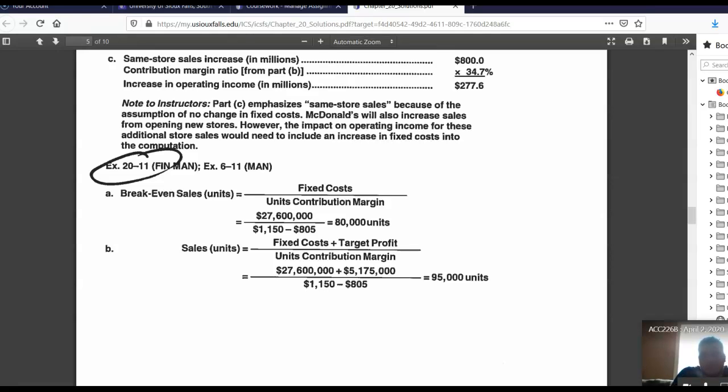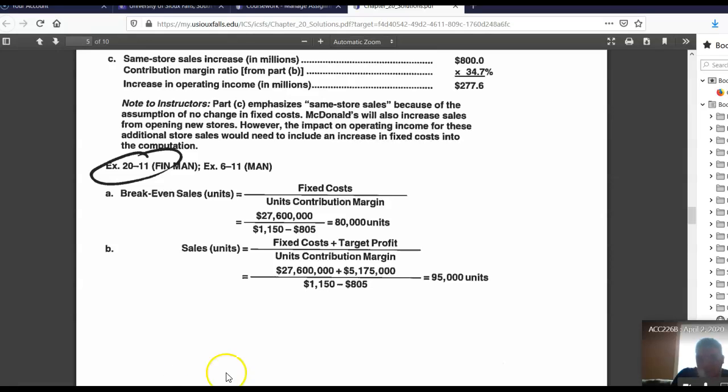But we don't want to just break even. We want to know how many pizzas we've got to sell to break even and make X amount of dollars. Well, that's part B. They want to make 5.175 million.